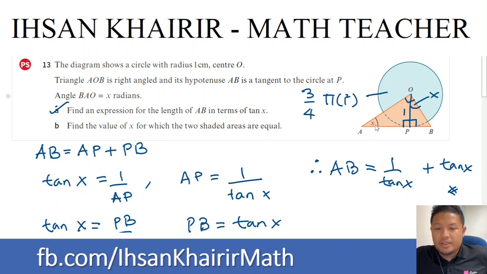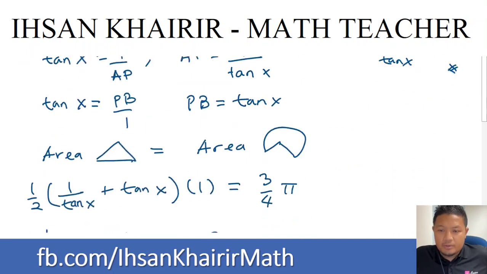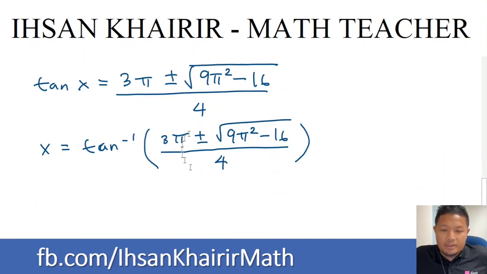It cannot be an angle in the second or third quadrant. That means that x must be some value that is less than pi over 2. And we also have to make sure that this is positive, because in order for x to be in the first quadrant, this entire expression must be positive.